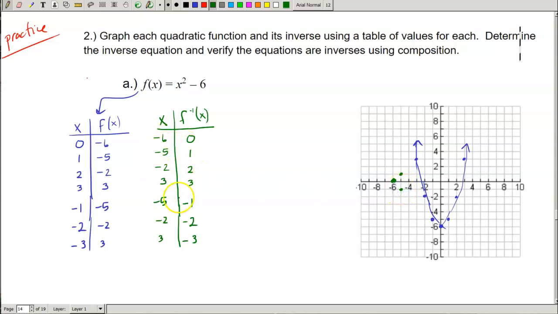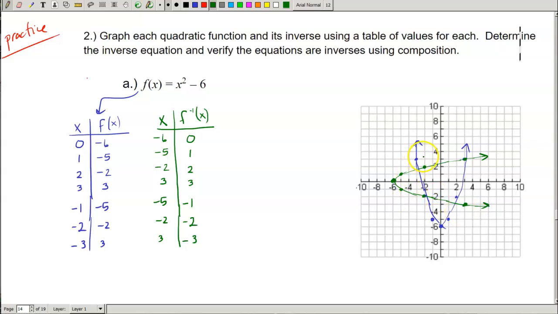You can see this one, but also this one here. -2 goes to 2. It's right here. And -2, that's shared with this point right there. And then 3 goes to 3, that's right here. But 3 goes to -3 as well, that's right here. So the inverse is going to look like this.